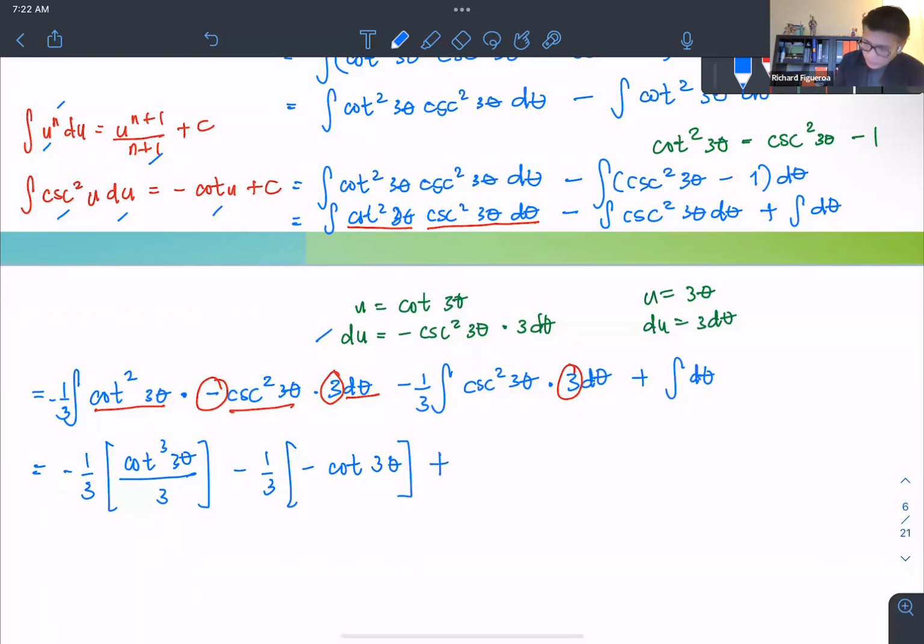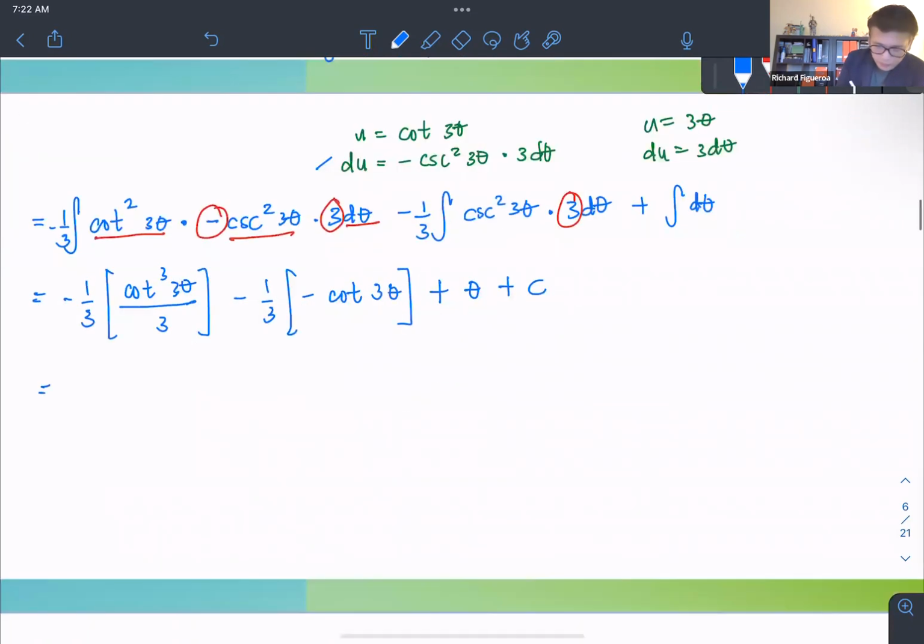And then plus the integral of d theta, it's theta plus c. So finally, our answer would be negative 1 over 9 cotangent cube 3 theta, or plus 1/3 cotangent 3 theta plus theta plus c.